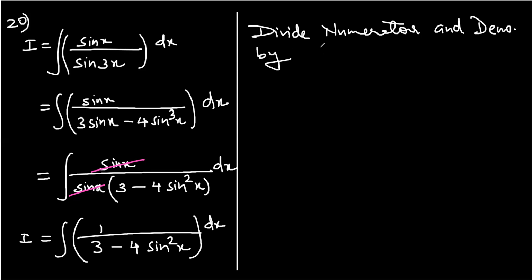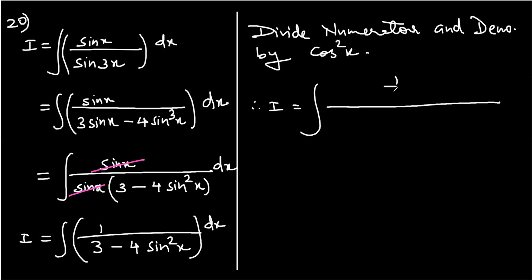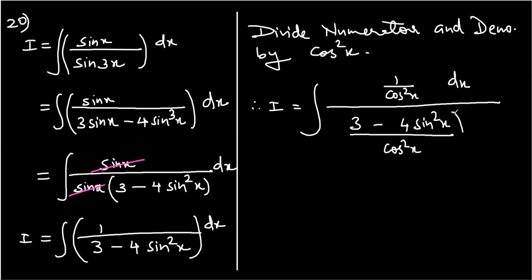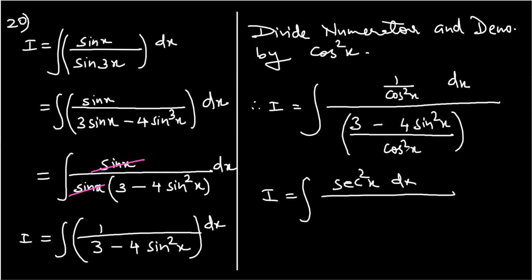by cos square x. When you do that, you get I equals to 1 over cos square x dx, and here you get 3 minus 4 sine square x over cos square x. Okay, so this will get you I equals to sec square x dx, and here I split the denominator.